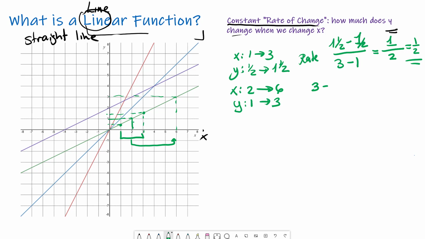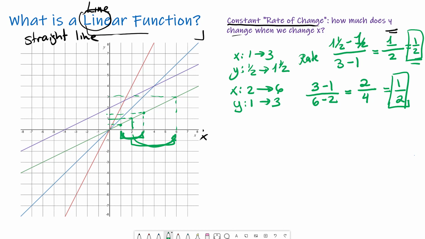Well, we have 3 minus 1 in the numerator, and 6 minus 2 in our denominator, which means that 3 minus 1 is 2, 6 minus 2 is 4. We have 2 quarters, which is exactly equal to a half. So again, the rate of change has stayed constant. We still have a rate of change equal to a half, both in this jump here and this larger jump here.